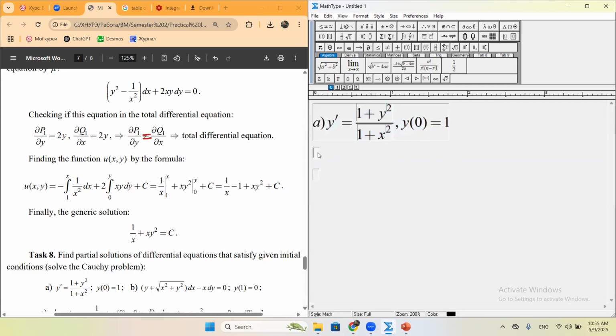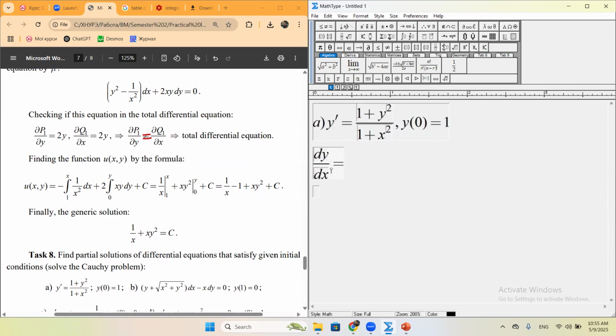So how to solve a Cauchy problem? Actually, we have to find first of all the general solution of the equation, and after that we will have to find the arbitrary constant c. So first of all, let's do what we did before.